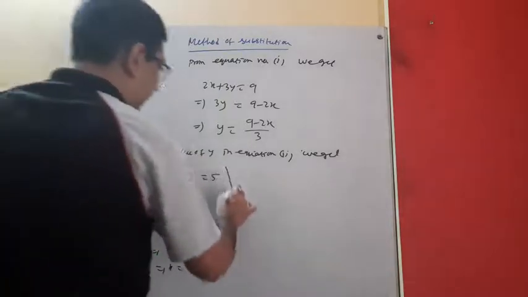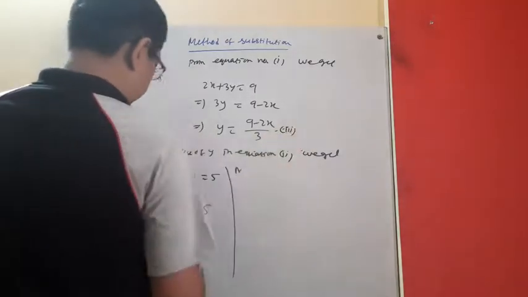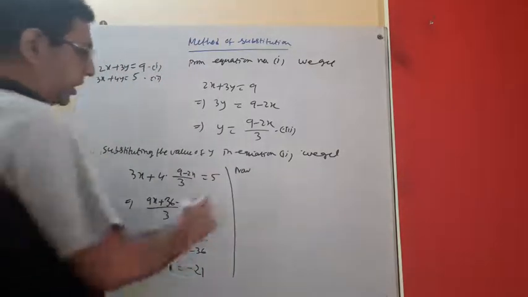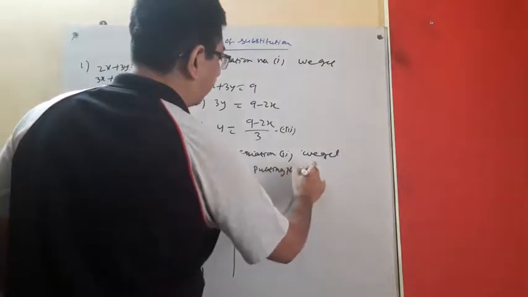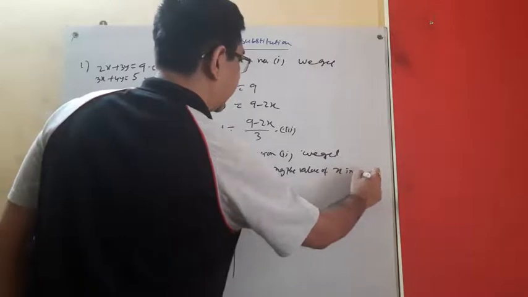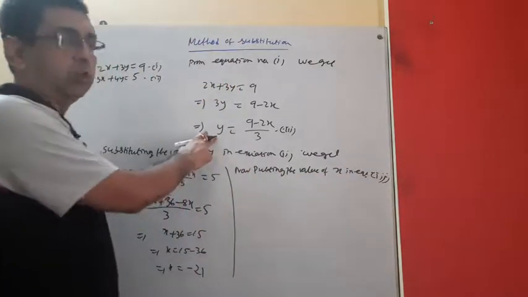Right? Now this is equation number 3. We have got the value of x. Now putting the value of x in equation 3, we get directly the value of y.